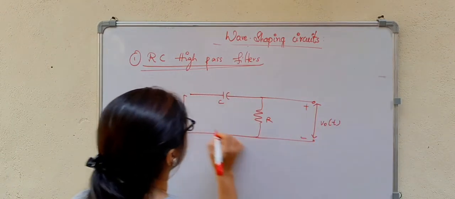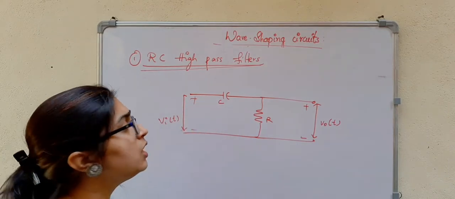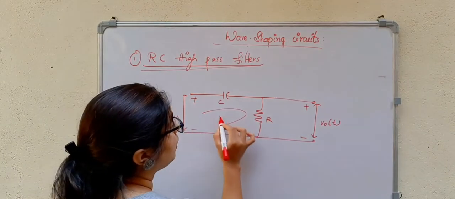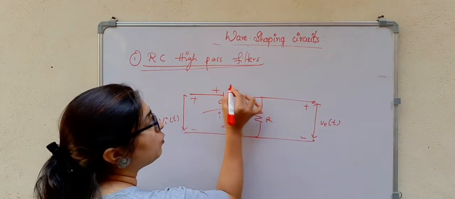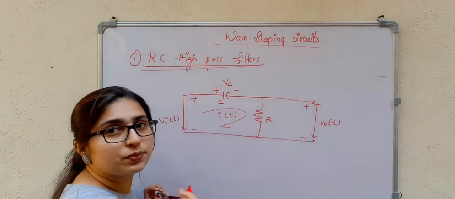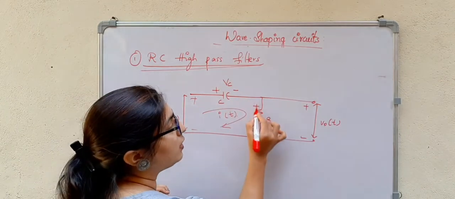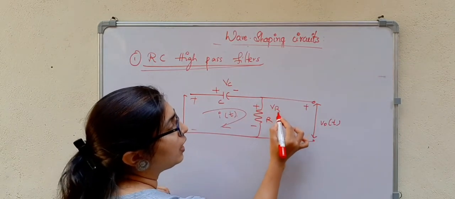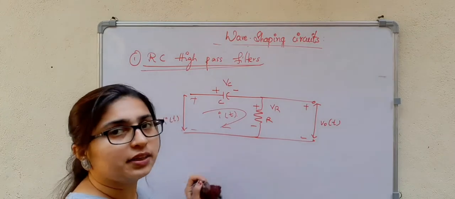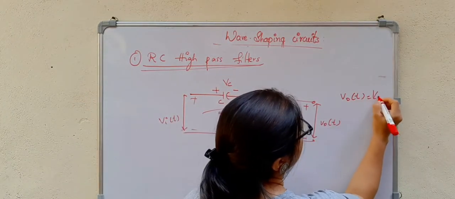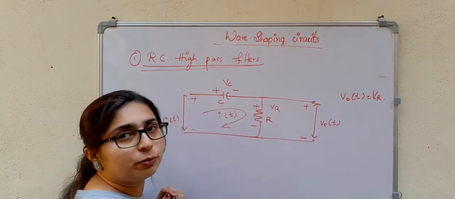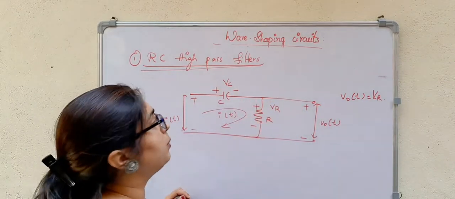The convention is plus minus, plus minus, and the current flowing will be i(t). The voltage across the capacitor is Vc, and the voltage drop across the resistor is VR. VR is equal to Vo(t), because we are measuring the output across the resistor.